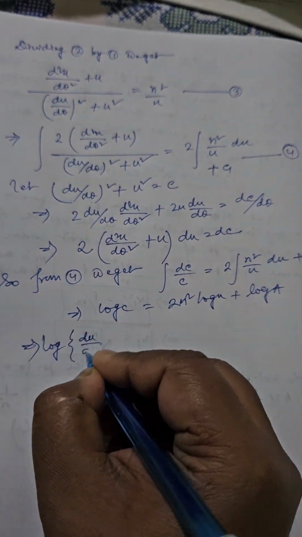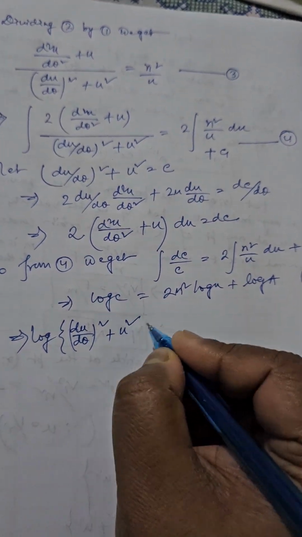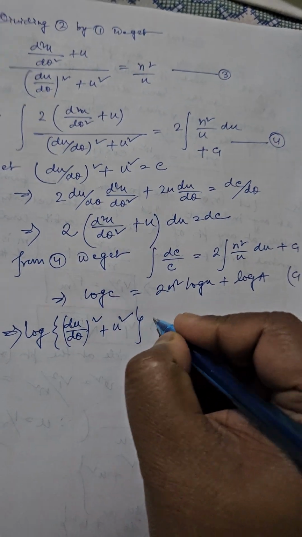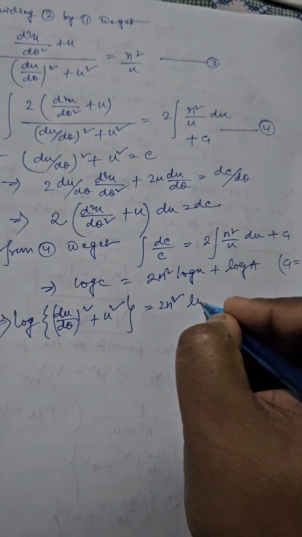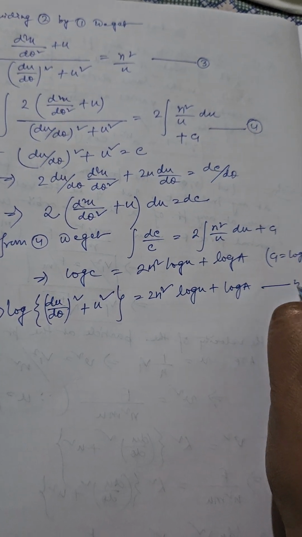So we can write log of (du/dθ) whole square plus u square equals, on the right hand side, 2n square log u plus log A. Say this is equation number 5.